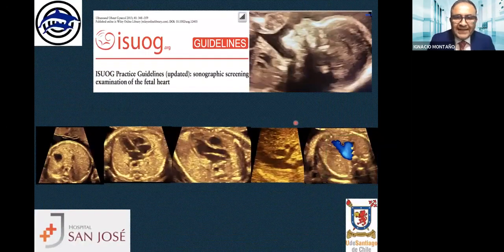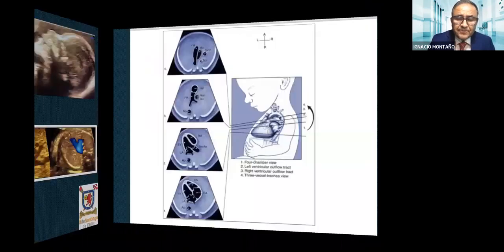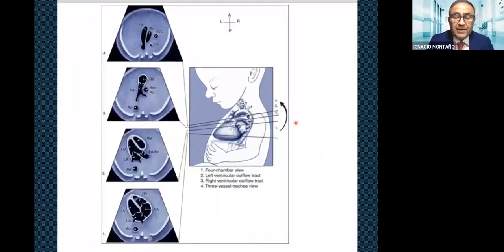The three-vessel trachea view is part of the 5 views proposed by Yagel. According to ISUOG recommendations, the outflow tracts, the three-vessel view and the three-vessel trachea view should be integrated into the evaluation of the heart in the second trimester ultrasound.